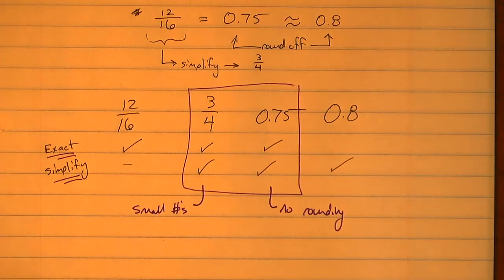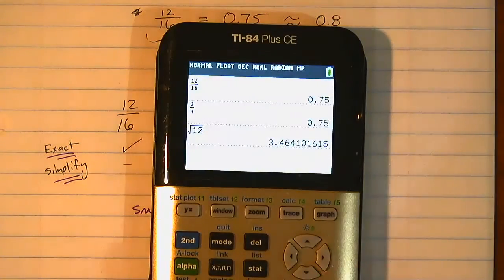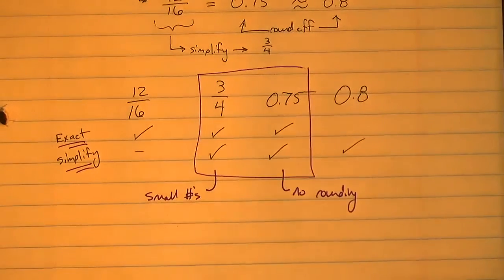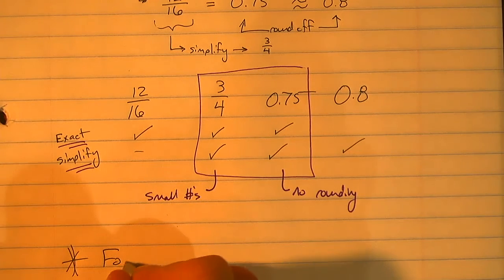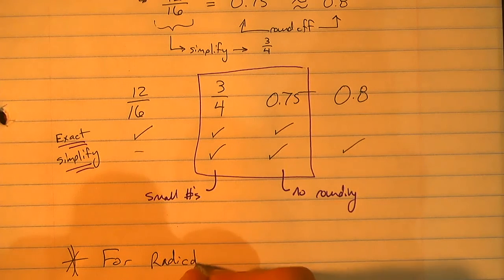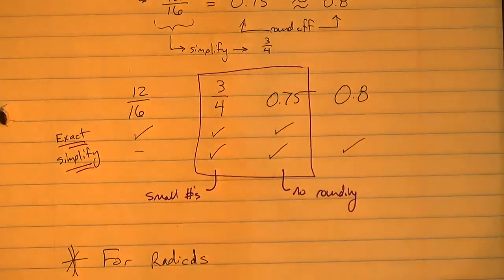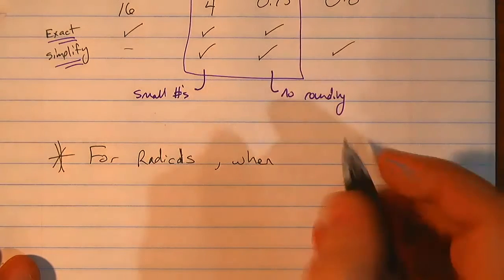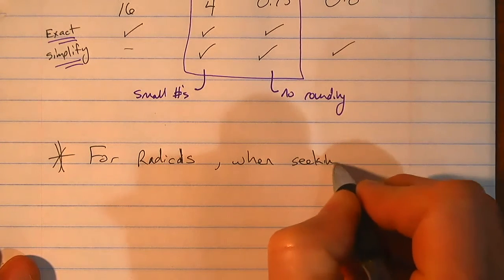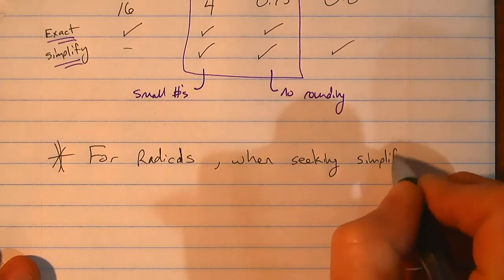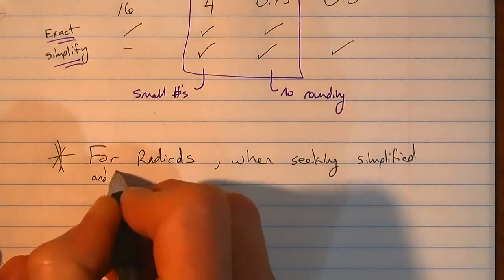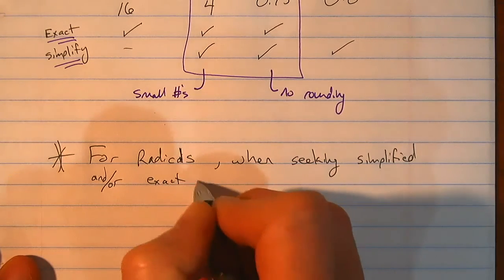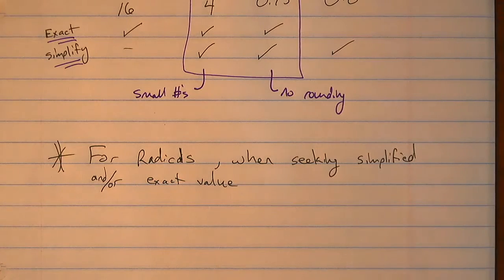Okay, so what that means, if every single time I get a decimal, that decimal is rounded, what that means in the land of radicals, when we ask for a simplified exact value, and remember, in the land of radicals, they could ask for simplified, they could ask for exact, they might say simplified exact.